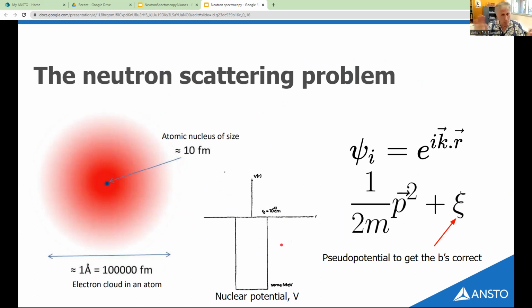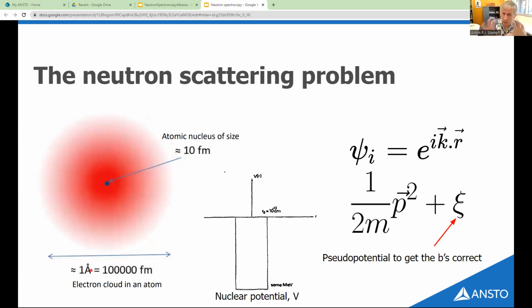However, they're not exactly being scattered by the strong nuclear force. An atomic nucleus is about 10 femtometers, and the electron cloud is around 1 angstrom, which is 100,000 femtometers. So it's much bigger. In our case, we're having wavelengths of around 1 or 2 angstrom, right?